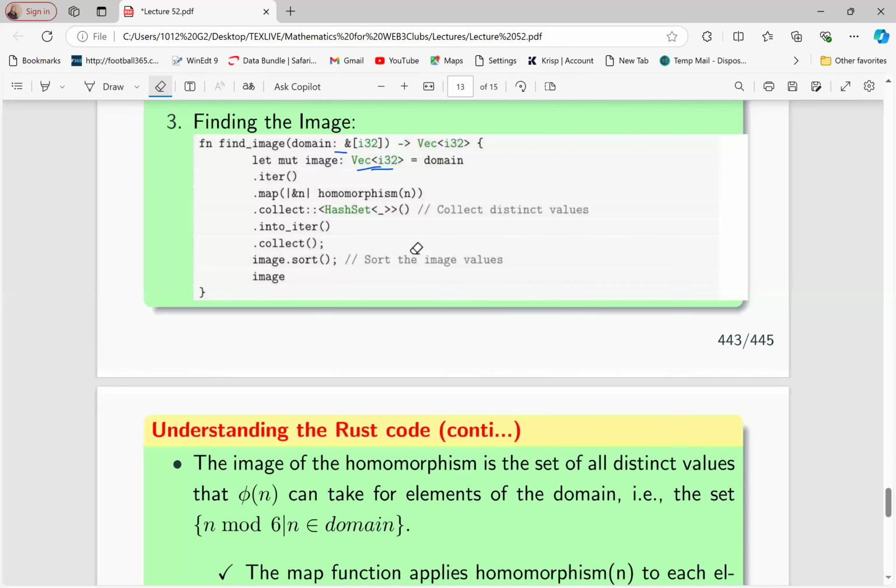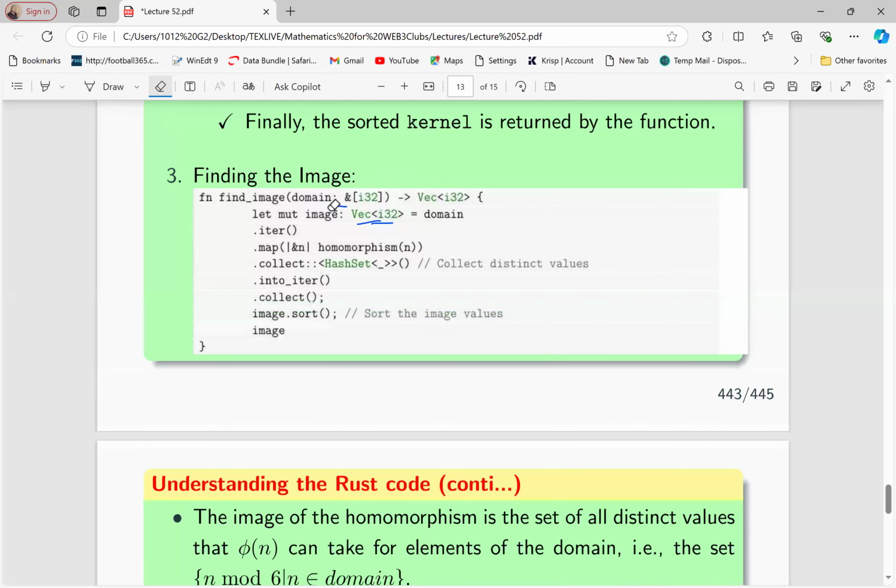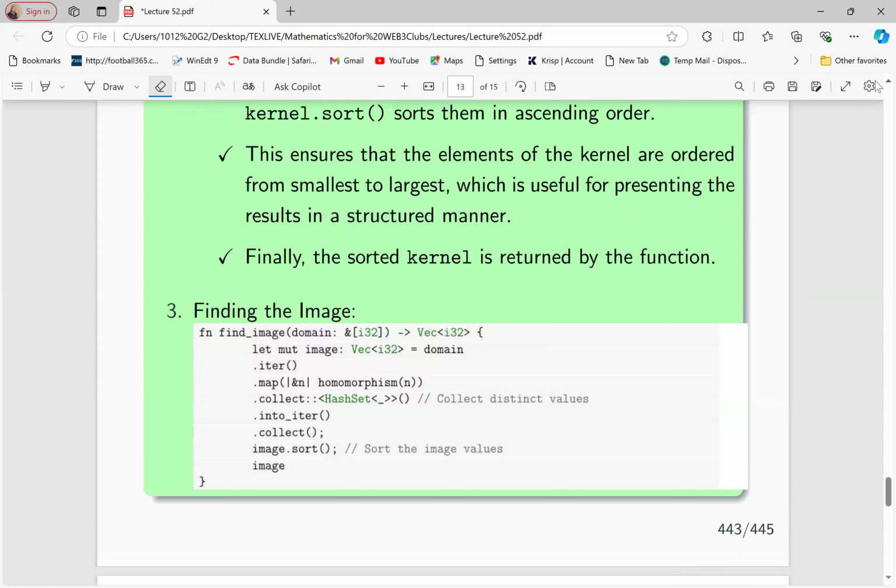Now this sorting, I placed it later when I discovered that when I was doing this, it was giving me elements haphazardly arranged. So you would find it giving you, for instance, the image as 2, 5, 1, 0, 4, then 3. So you see, this is a bit confusing.